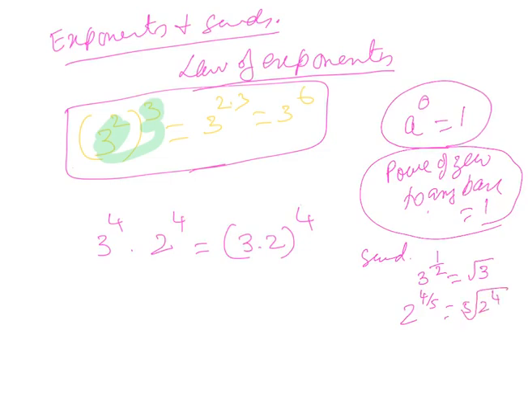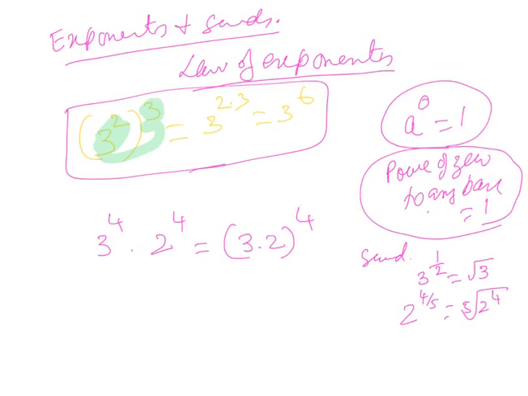So this is the surd form and this is the exponent form. In fact, we must be able to interchange between the surd form and the exponent form, and from the exponent form to the surd form.